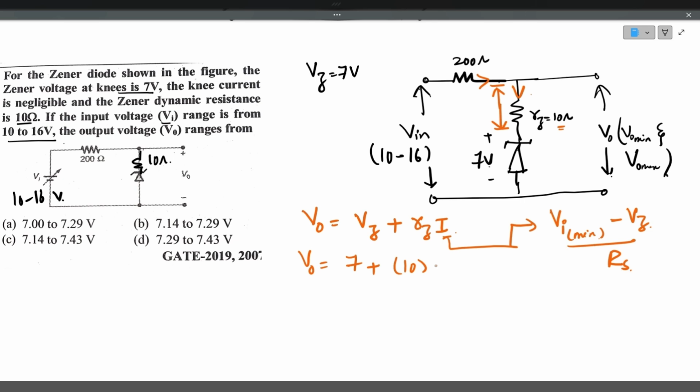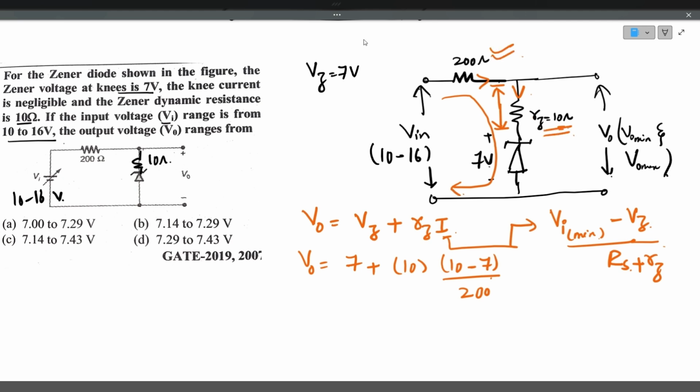So V in minimum is nothing but 10 volts. VZ is 7 volts. RS is 200 ohms. But one more important thing is that here we have to take RS plus RZ, because current is flowing in this direction. So current is seeing the series resistance 200 and the Zener resistance 10 ohms.